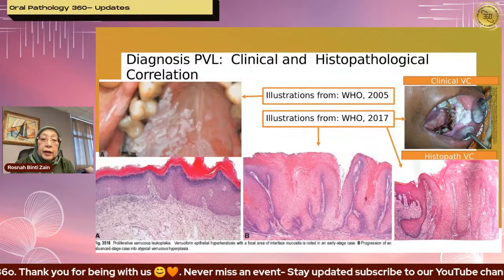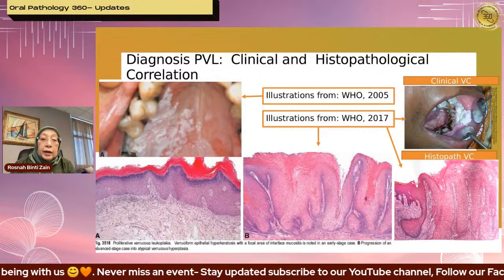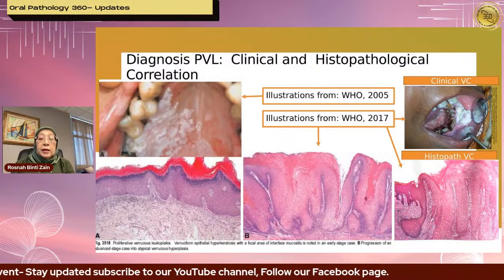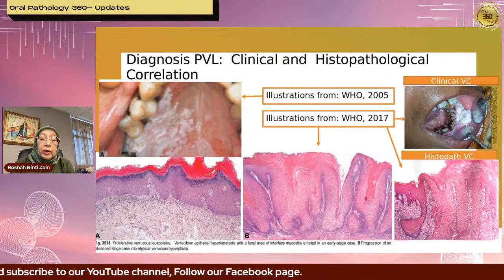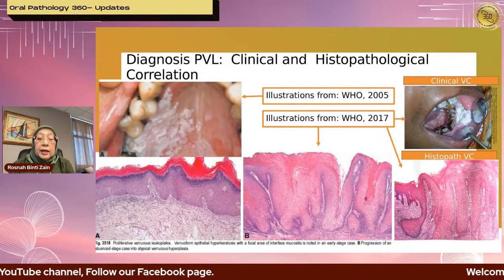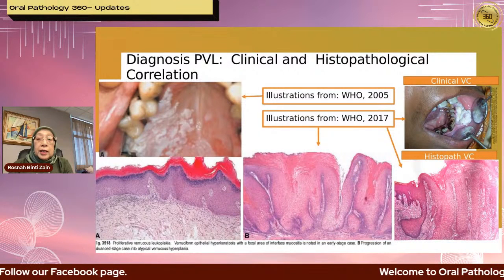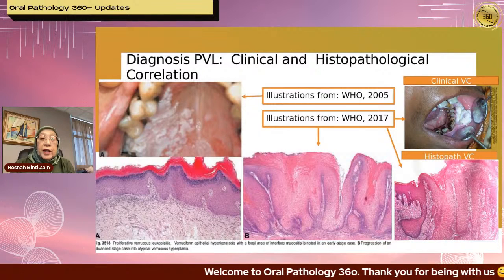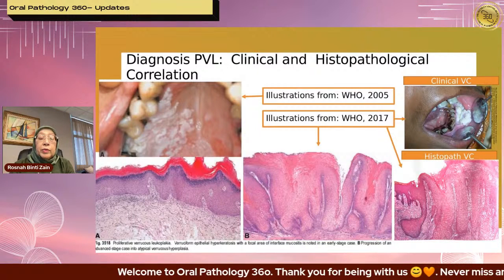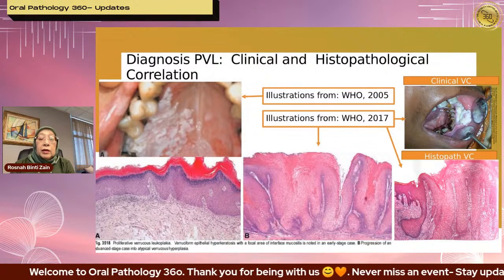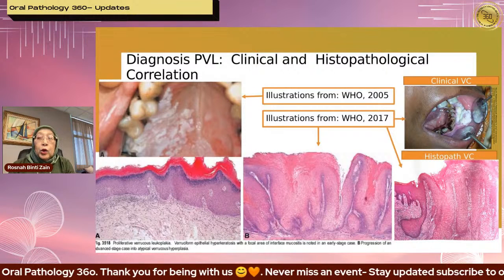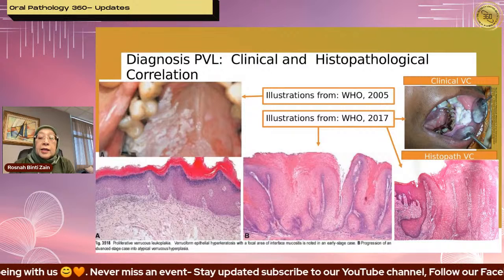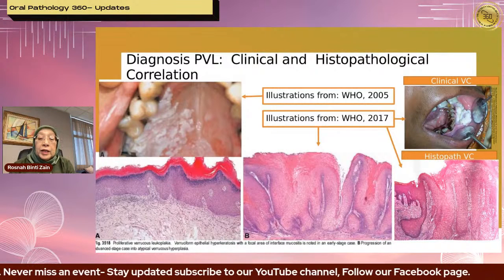So the diagnosis of PVL would really require a clinical and histopathological correlation. I don't think there's anything that says this white lesion is a PVL and this histological picture is PVL, because it is a combination, and there is a lot of correlation and consideration that needs to be done, and thus the need for criteria.